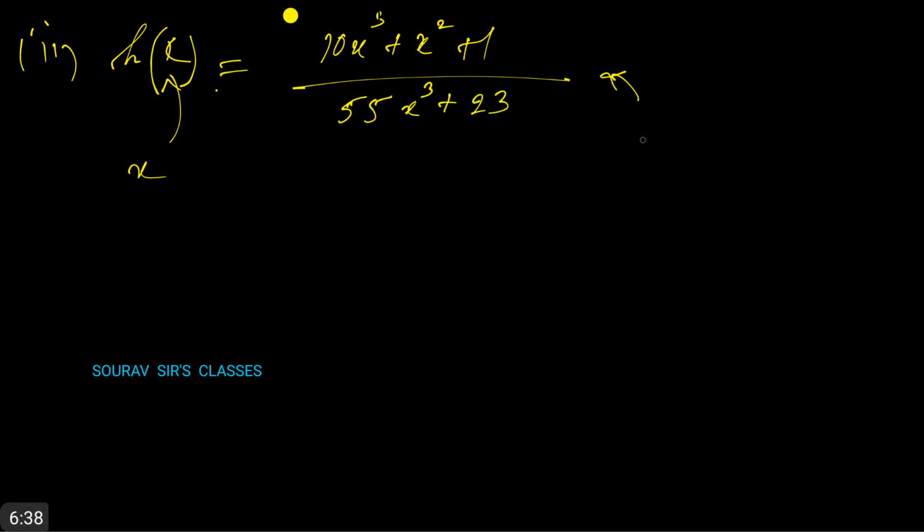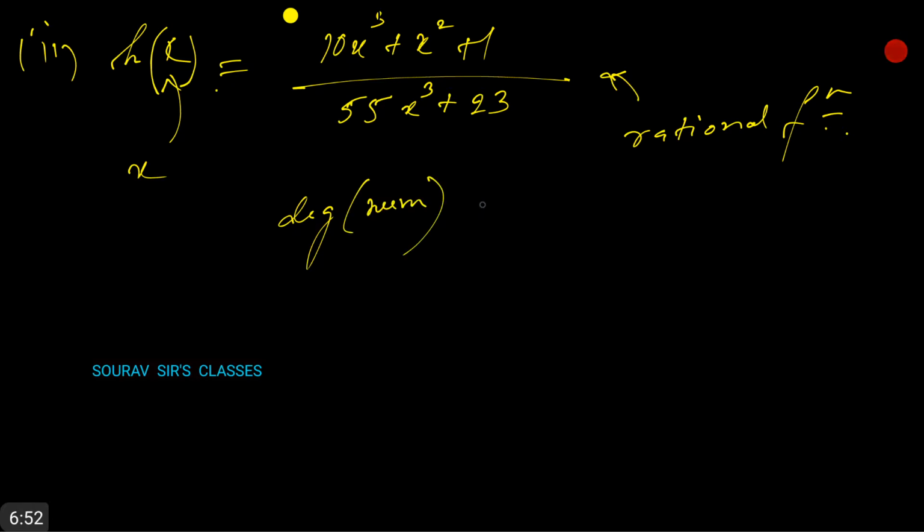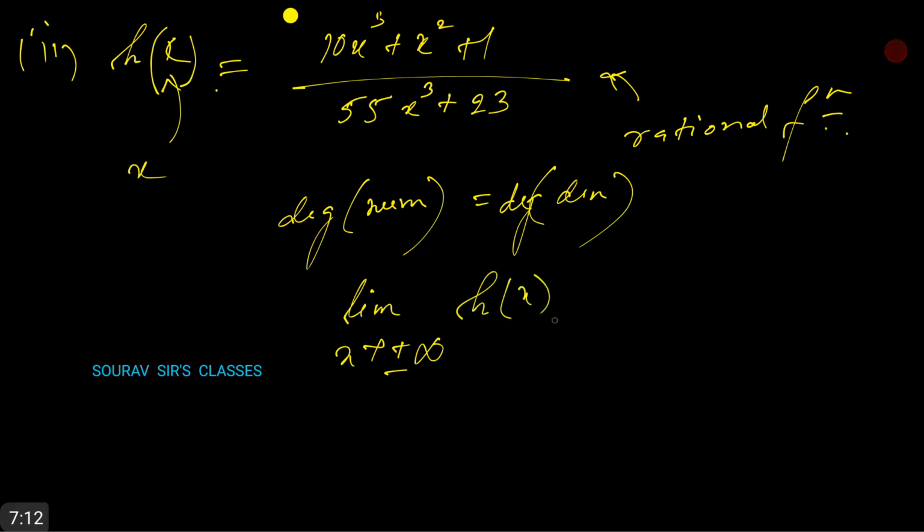This is a rational function as we can see, and the degree of the numerator is equal to the degree of the denominator. It is not difficult to check that limit x tends to plus minus infinity, if you have done your limits properly, this is a simple sum, and this will evaluate to 10 by 55.